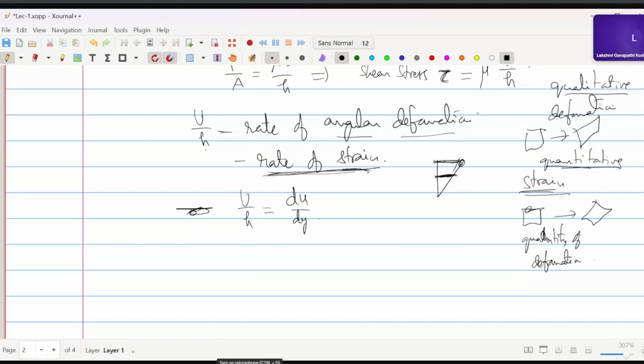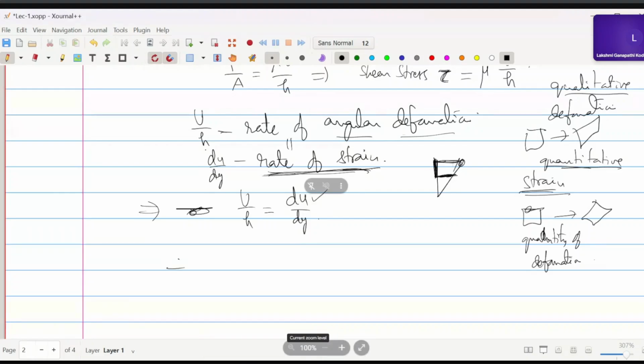The difference is basically the du, and this is the direction dy. So dou u by dou y is basically rate of strain, your du by dy. Or if you think that h is very, very small and capital U is this one, then u by h is also the same. So this is what you have.